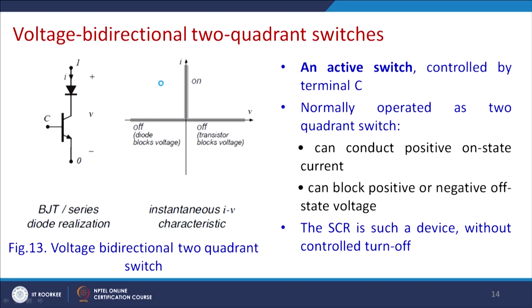Now, let us talk about bidirectional voltage and two quadrant switch. Here voltage can be bidirectional, this way as well as this way, but current is unidirectional. This is realized by two one quadrant switches.